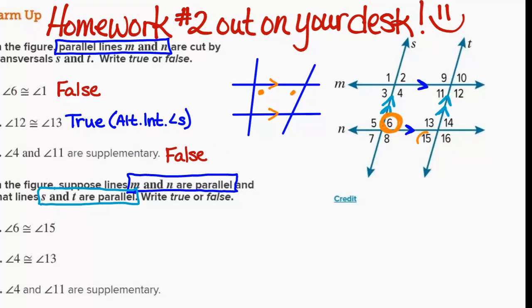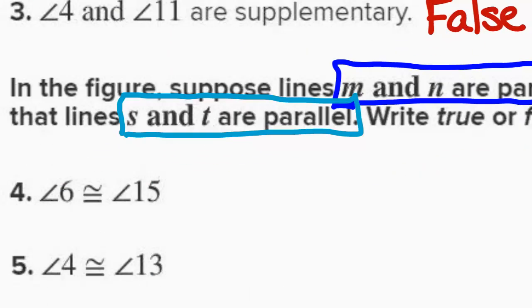Would that make angles 6 and 15 congruent? Yes. They are in between these two lines that we now know are parallel, and they're on opposite sides of the transversal. Can anybody tell me what this particular special angle pair would be called? Alternate interior angles.